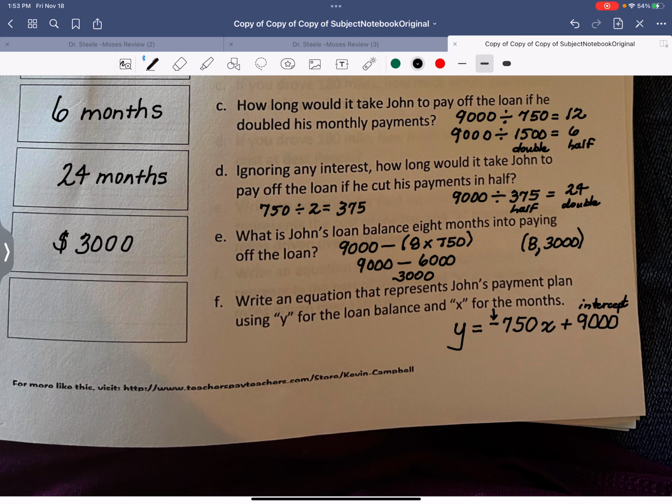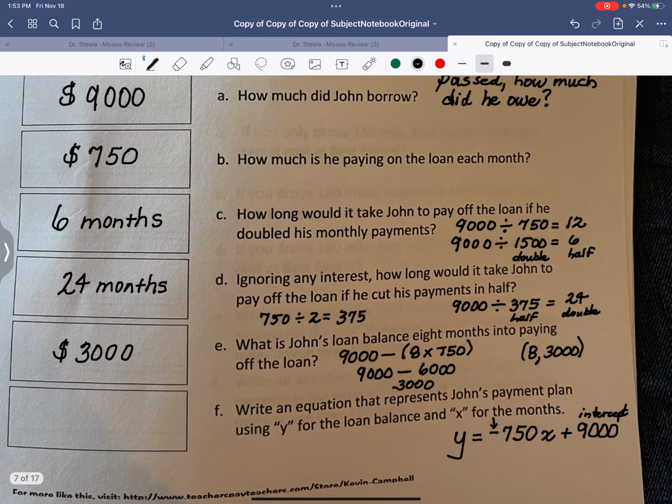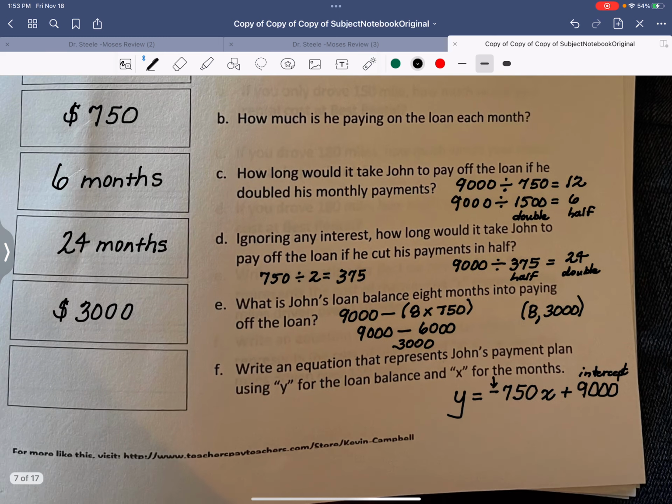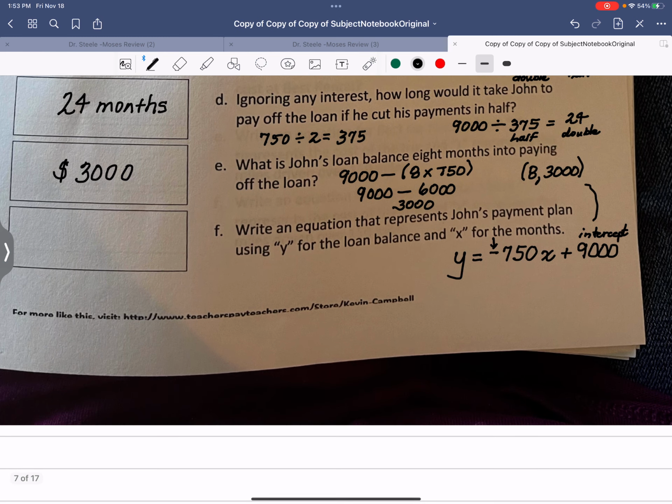So let's pick a point. Let me come up here and show you how this works. Let's just use 8 and 3,000 because we just found that. Let's see if this point fits. So I'm going to say 3,000 is the balance. He's paying $750 a month. And he's done that for 8 months.